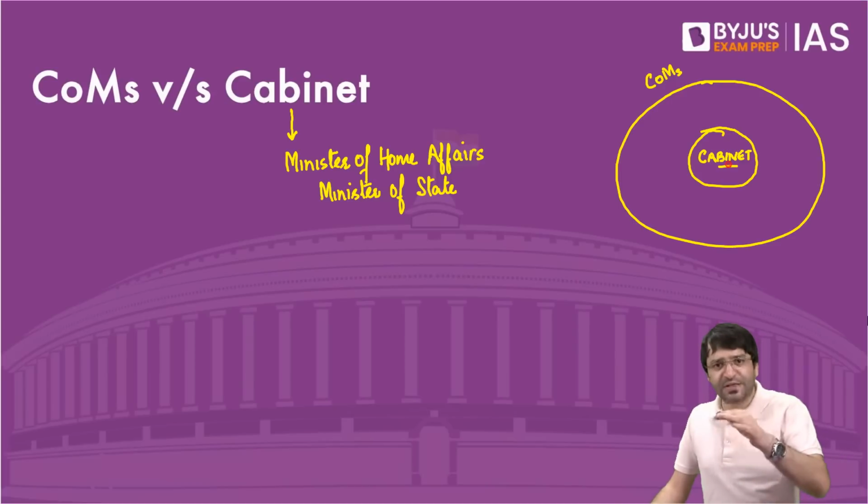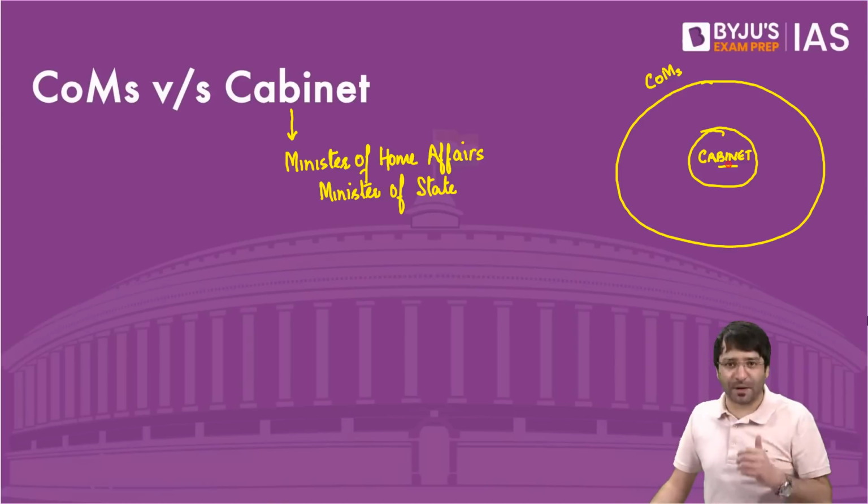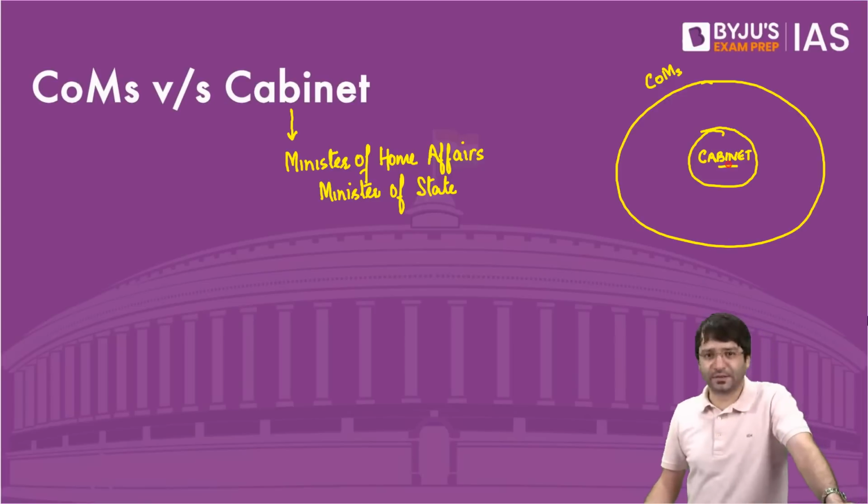But within a ministry, there are various departments, or there may be various departments. Those who are in charge of one or more departments within the ministry, we call them Minister of State.